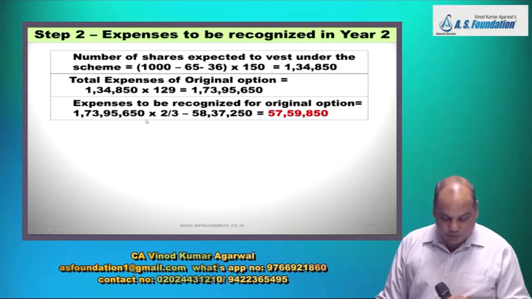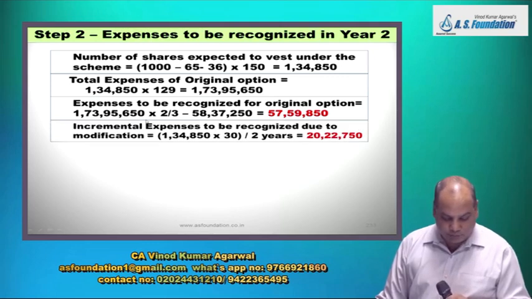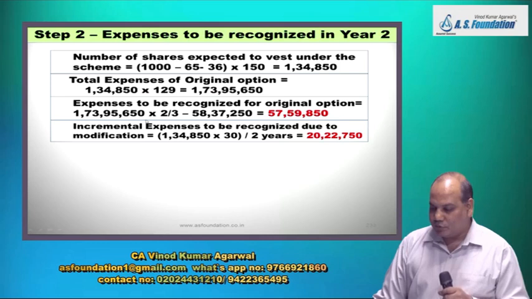And then the question says due to repricing, expense is expected to increase by 30 rupees. So now I will calculate the incremental expense.